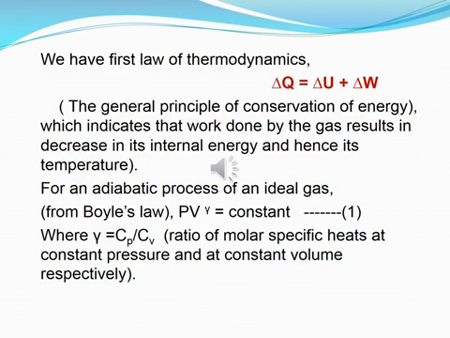For an adiabatic process of an ideal gas, from Boyle's law, PV raised to gamma is equal to a constant, which is the expression 1, where gamma is the ratio of Cp to Cv. It is the ratio of molar specific heats at constant pressure and at constant volume respectively.